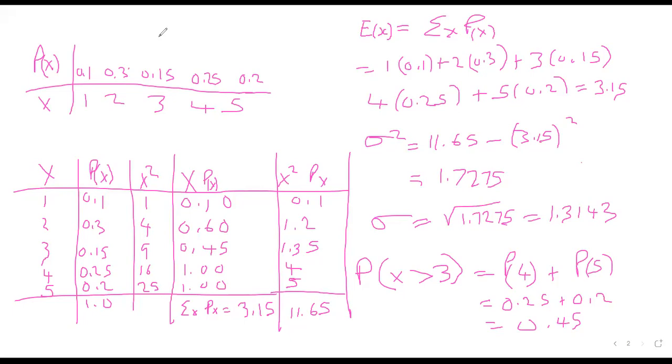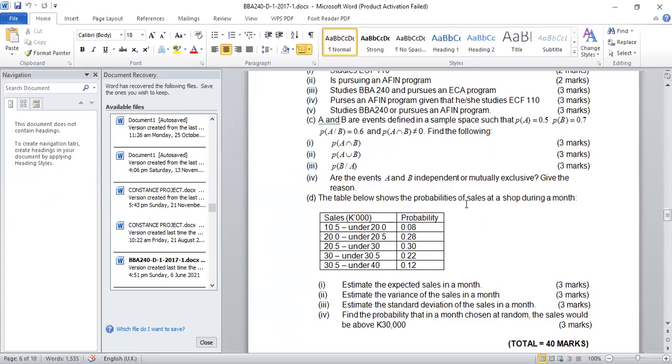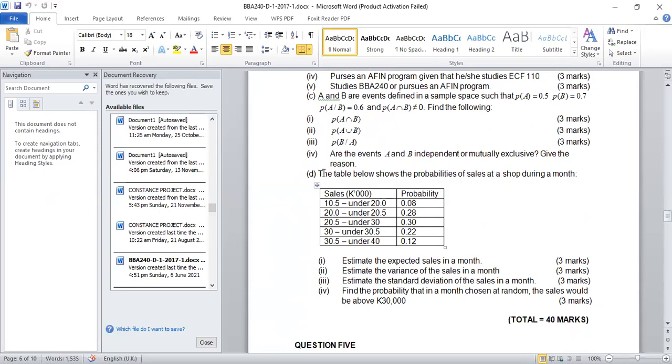And I can go to your exam questions here. We are told that the table here shows the probabilities of sales. So here sales is 10.5 and under 20, 20.0 and under 20.5, 20.5 and under 30, 30 and under 30.5, and 30.5 and under 40.